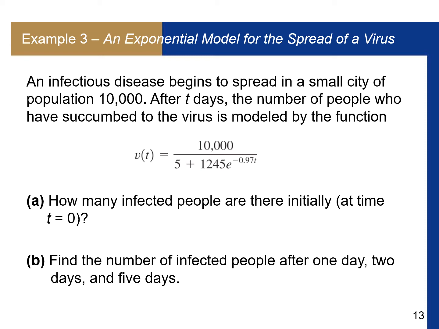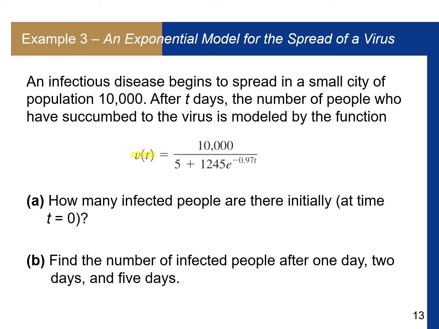Now, an interesting example: an infectious disease beginning to spread in a small city with a population of 10,000 people. After t days, the number of people who have succumbed to the virus is modeled by this formula. How many people are initially affected at time t equals 0?